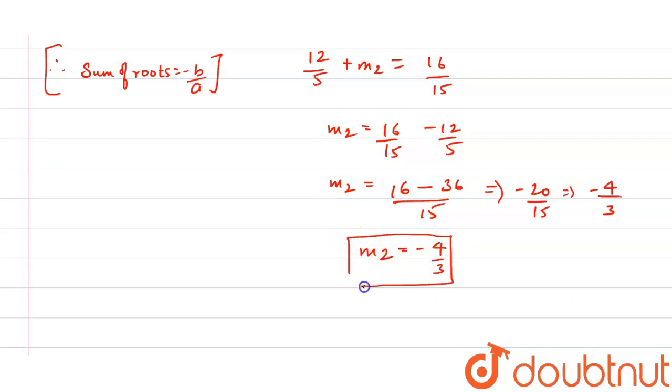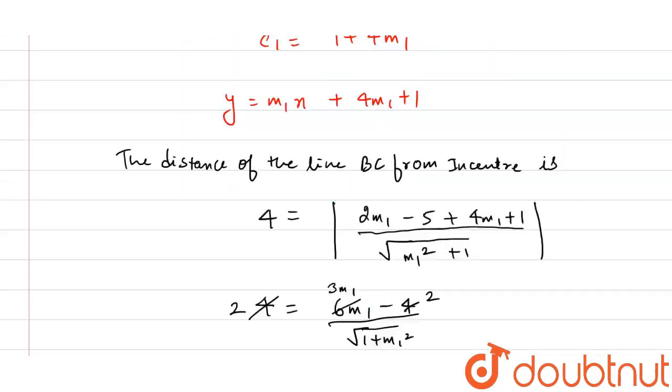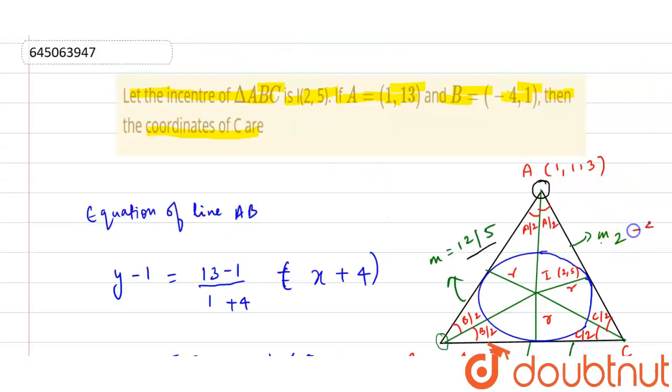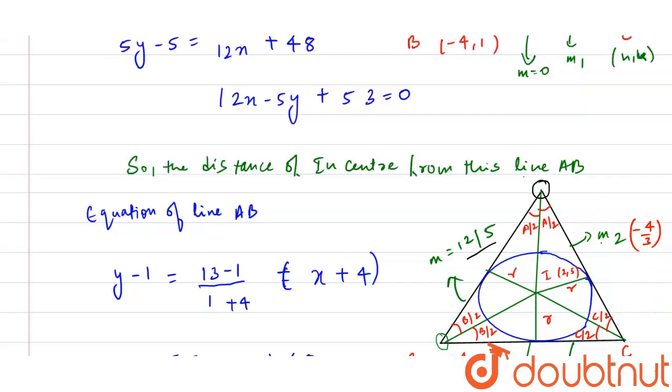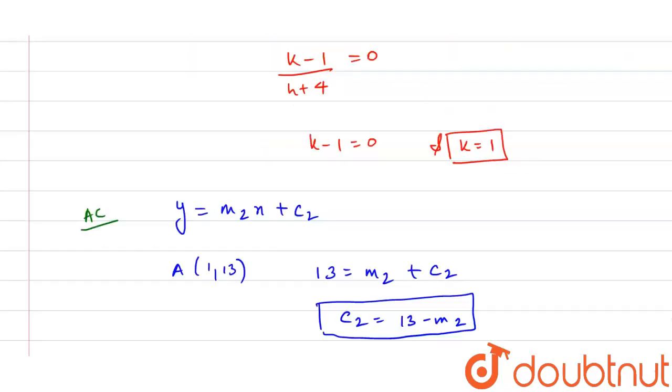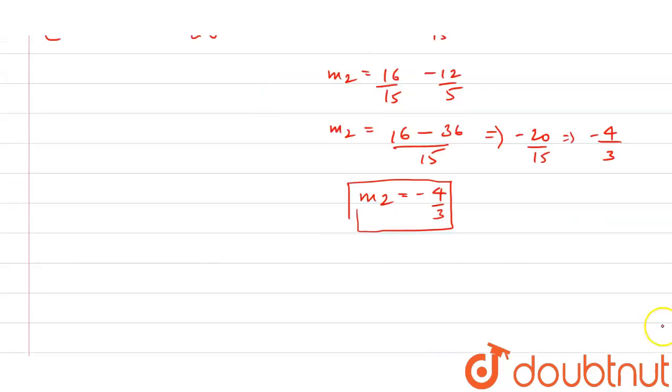Now we can easily find the value of h coordinate, because the slope of this side is minus 4 by 3. Now by the slope point formula we use, this will become 13 minus 1, because the value of k is 1. So we can say that 13 minus 1 divided by 1 minus h is equal to this value, minus 4 by 3.